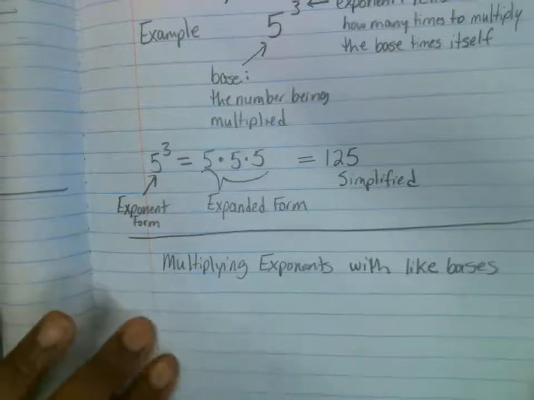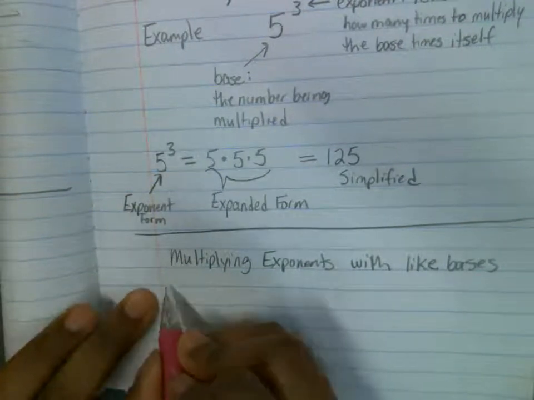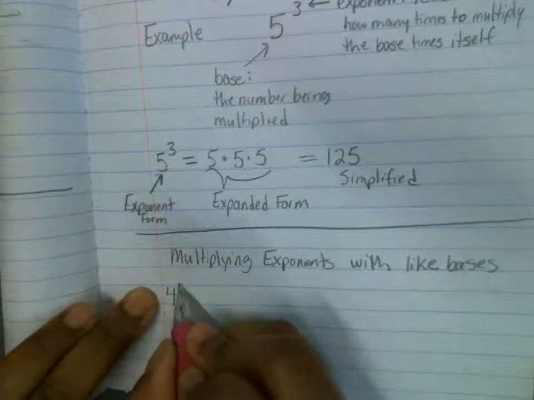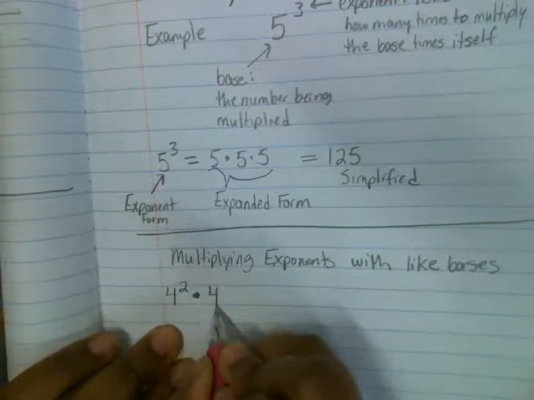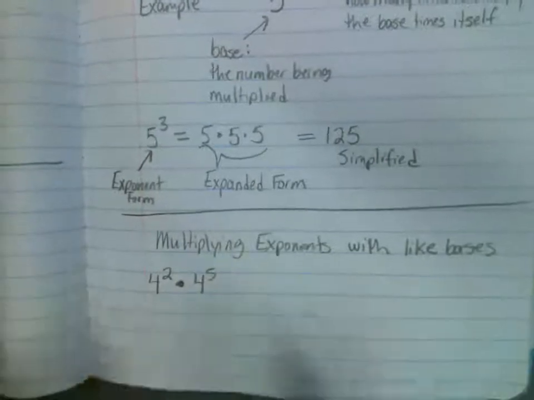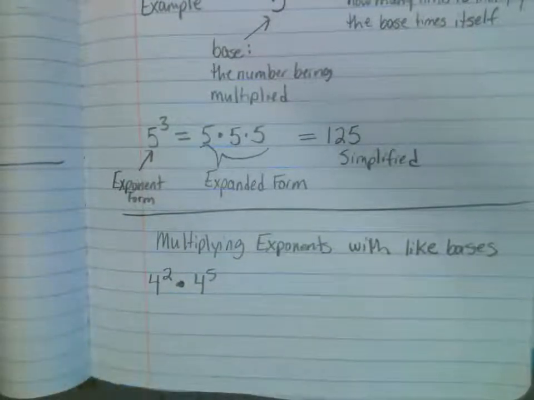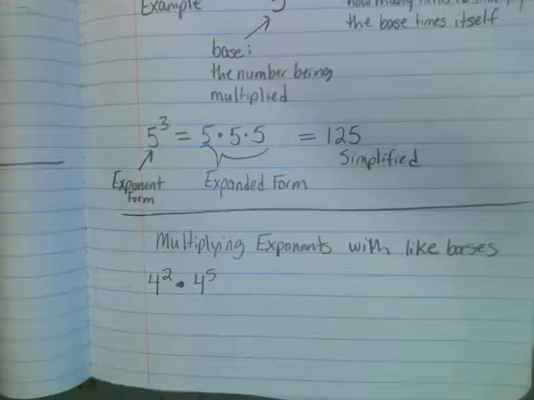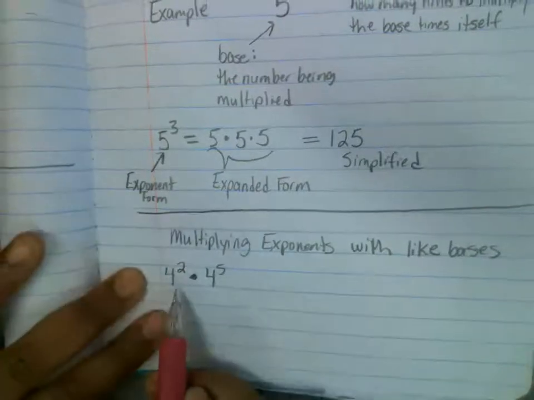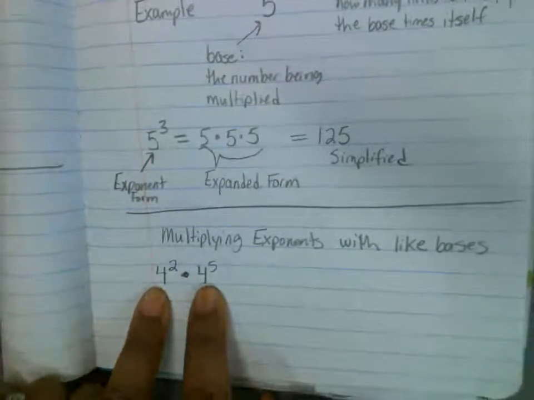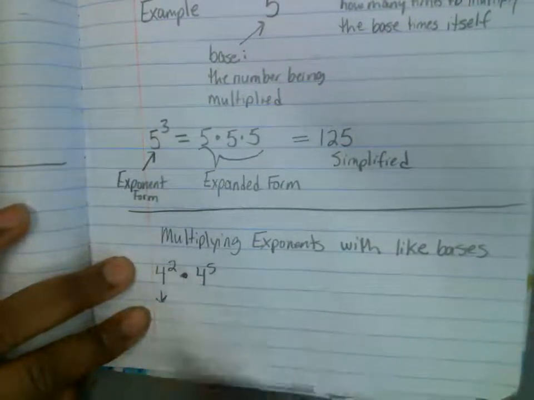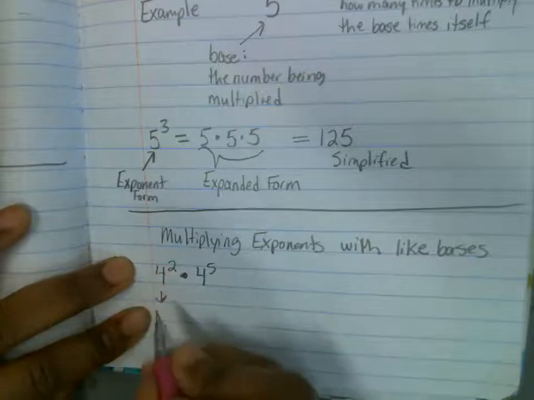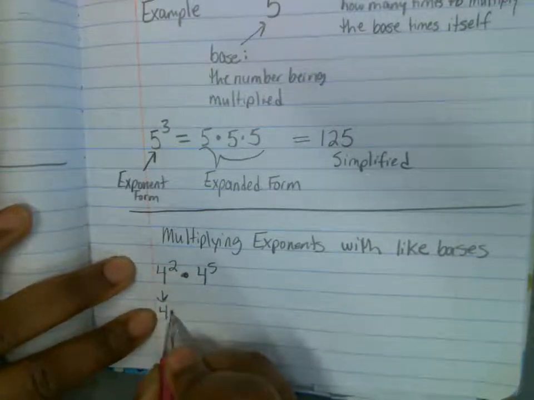So let's suppose that I have 4 to the second power times 4 to the fifth power. If they were different bases, I would have to simplify them separately and then multiply. But since they have the same base of 4, the long way to do this is to say 4 to the second power is the same as 4 times 4.